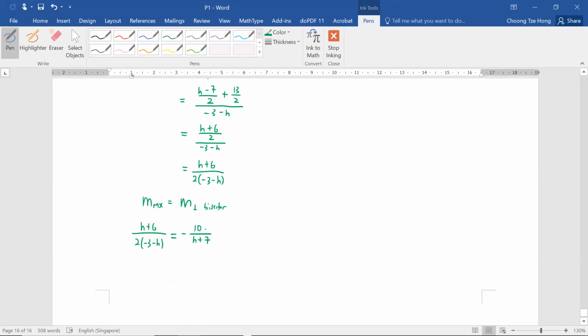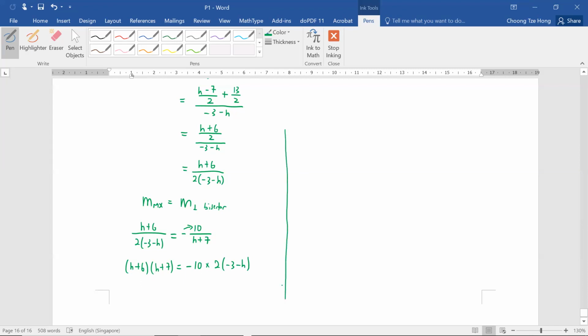So all we need to do now is cross multiply. You'll get (h plus 6) times (h plus 7). I'll leave the negative sign with the -10, so I'll just bring the (h plus 7) over. So -10 is still here, and it will multiply with 2 times (-3 minus h). So just expand this.